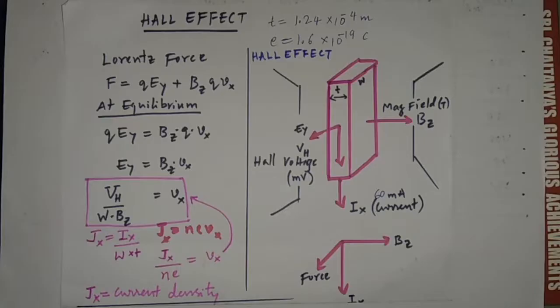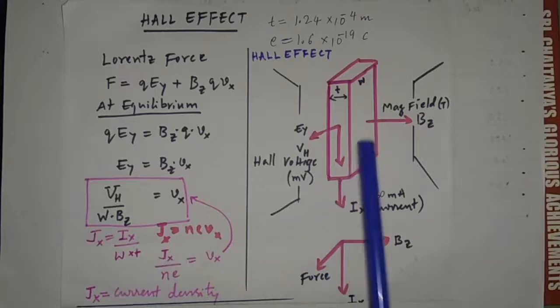Now we substitute for Vx, which is the drift velocity, in terms of the current density. J is equal to Ne into V, where J is the current density, which is given by Ix by W into T. Current density is the current divided by the cross-sectional area.